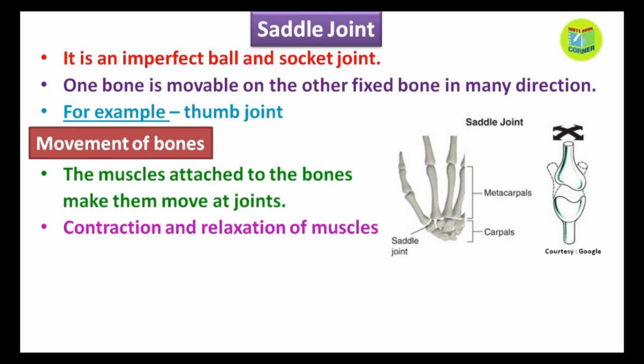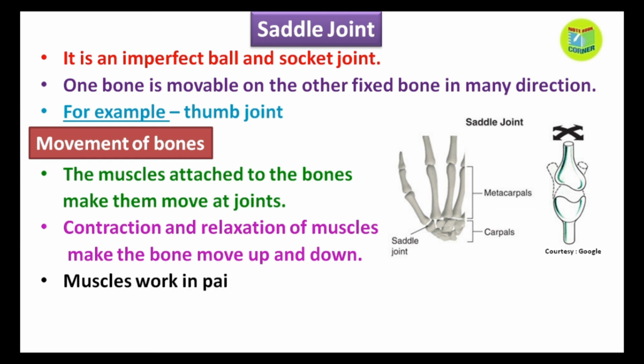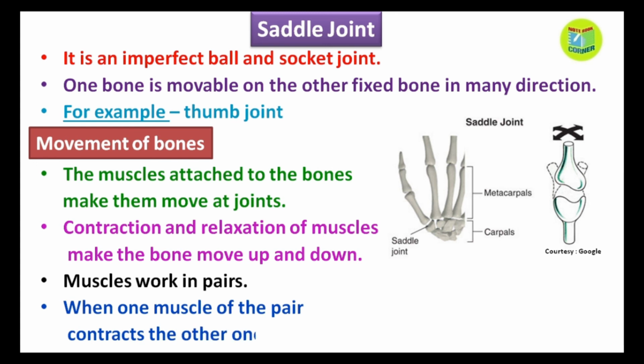Contraction and relaxation of muscles make the bone move up and down. Muscles work in pair by contraction and relaxation. When one muscle of the pair contracts, the other one relaxes.